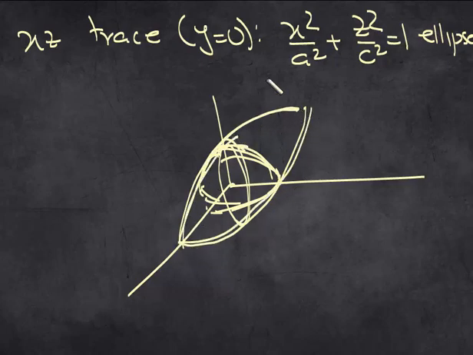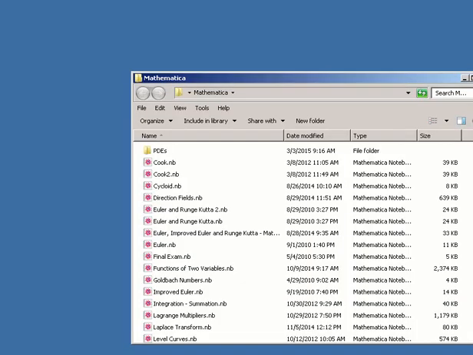So this is my ellipse in the xy plane. Then I have an ellipse in the yz plane. And then I also have an ellipse that goes in the other direction. So what does that look like? You should be able to recognize that. That looks like a what? Like a football? When you think about a football, that's an ellipsoid, because you have an ellipse in every direction. So this should look like a football. I'm not going to draw all of these, but I should have them somewhere here just to show you.